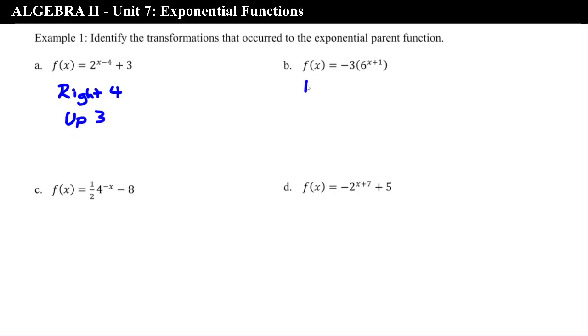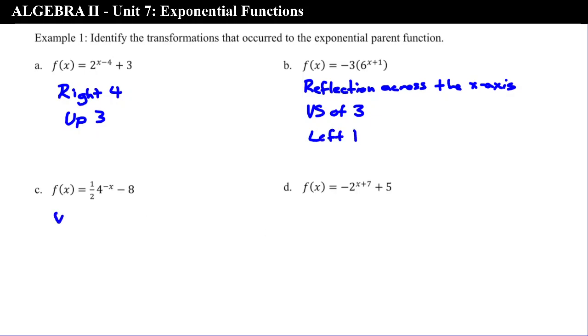For b, we have a reflection across the x-axis. We also have a vertical stretch of 3. And we also have a translation to the left by 1.